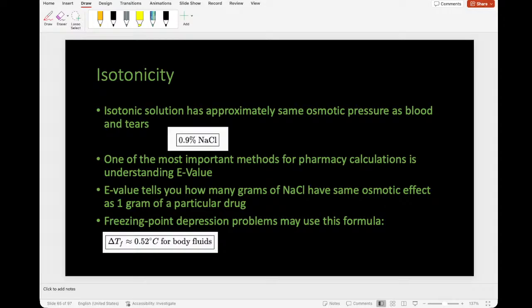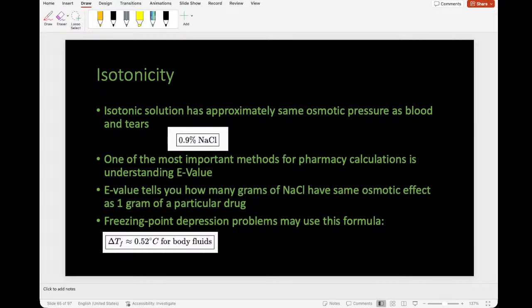That's something you will need to know, or they will actually provide it to you on the exam. They're probably going to give you an E value. The E value is where 1 gram of drug A equals this much sodium chloride in grams. As you can see here, 0.9% sodium chloride is typically used in this case. So basically, just understand that.